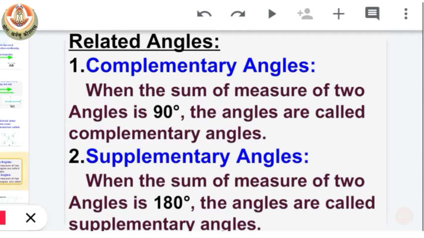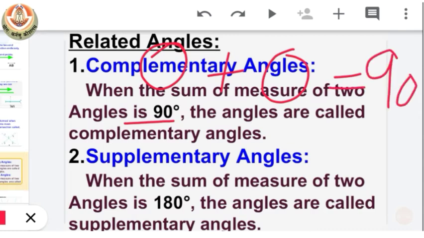Its definition is when the sum of the measures of two angles, exactly two, is 90 degrees, then these angles are called complementary angles, meaning they are complementary to each other.